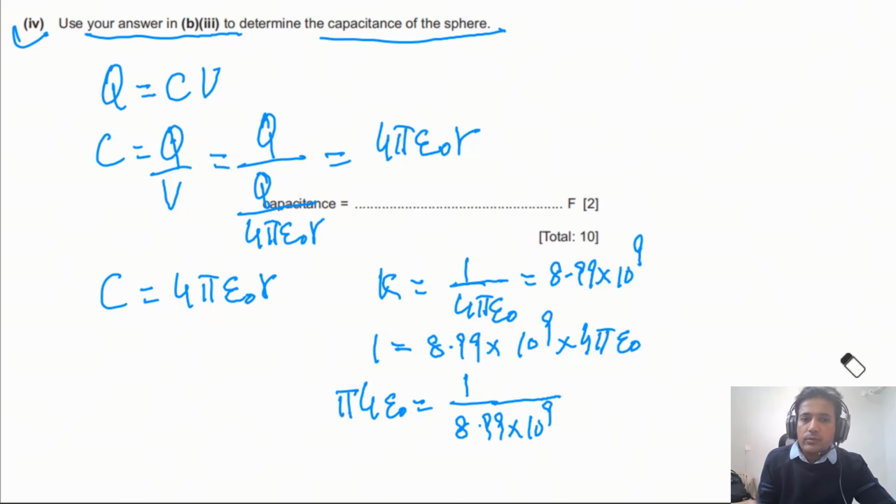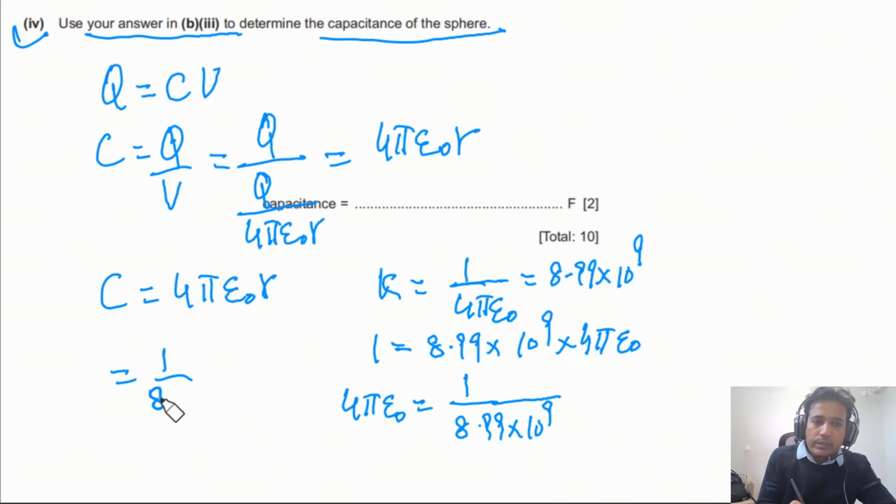Let me write this in a nicer way. This is 4 pi epsilon naught, so we can replace it here. It is equal to 1 over 8.99 times 10 to the 9, multiplied by the radius of the sphere, 5 times 10 to the minus 2.